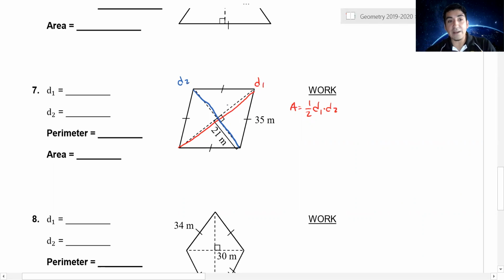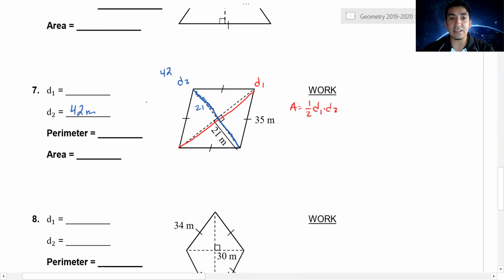If I'm trying to figure out what d2 is, I can, because this is 21 right here, and that makes this one also 21. So my total length for that one would be 42. So I have 42 meters for d2.